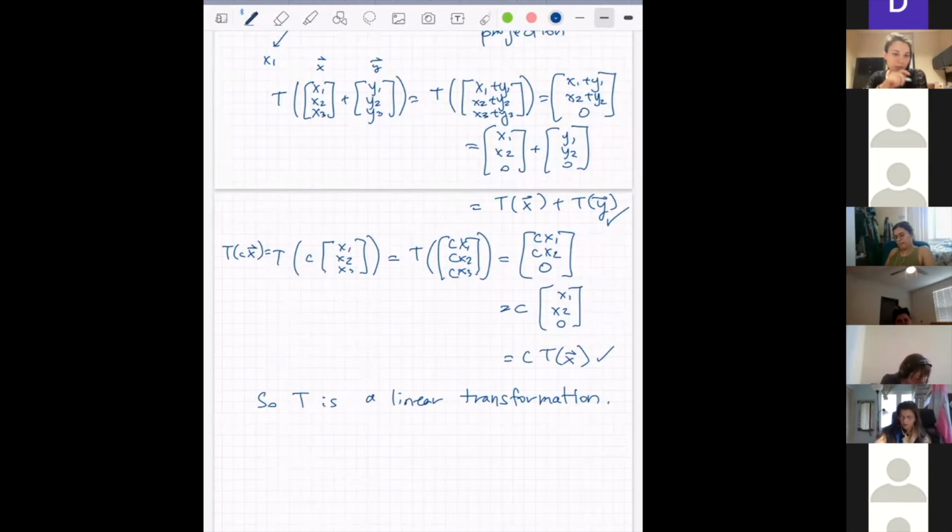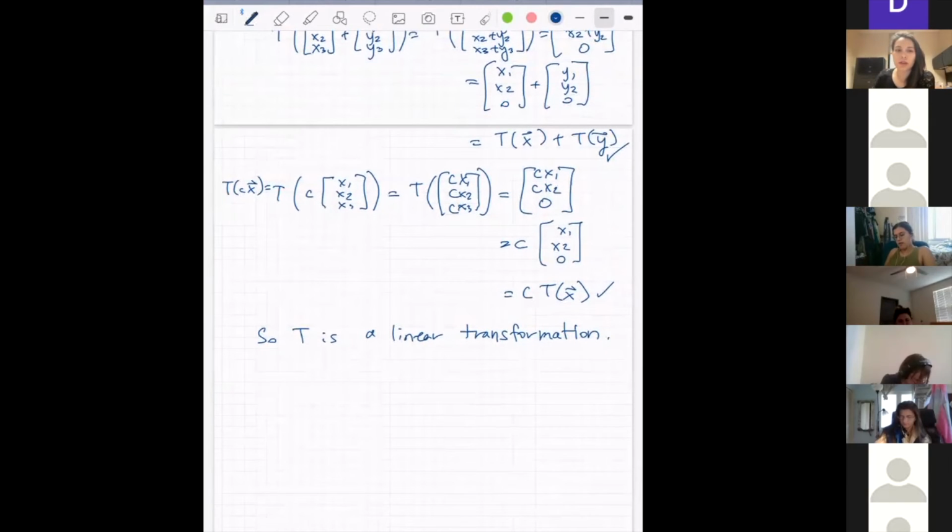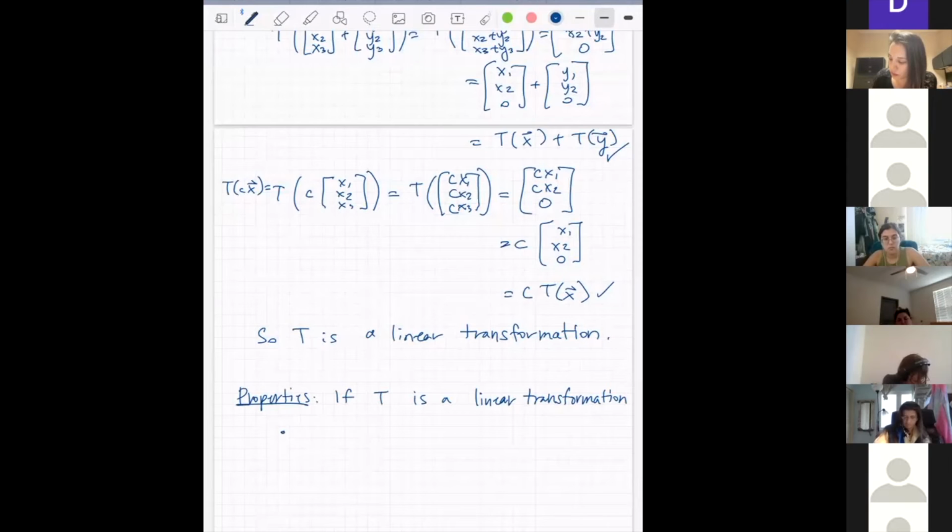Okay, so let's talk about two properties that linear transformations have, which come directly from the definition. If T is a linear transformation, then T of the 0 vector is equal to the 0 vector.